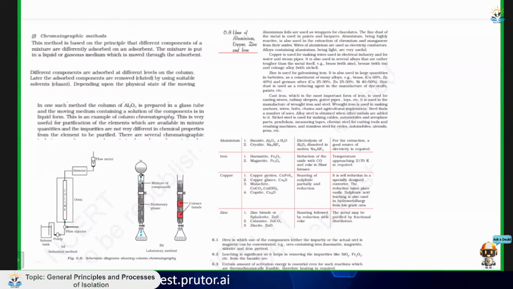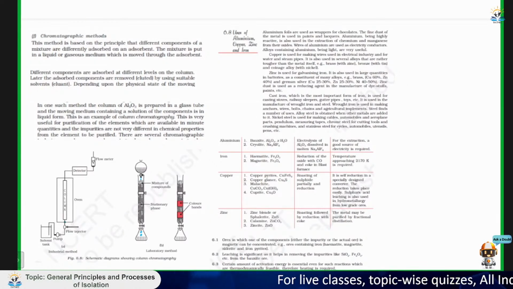If all the chemical features are similar, we're going to use the fact that their adsorption extents may differ. Even if adsorption extents differ slightly, you can pull out a major amount of the ore by chromatography methods.